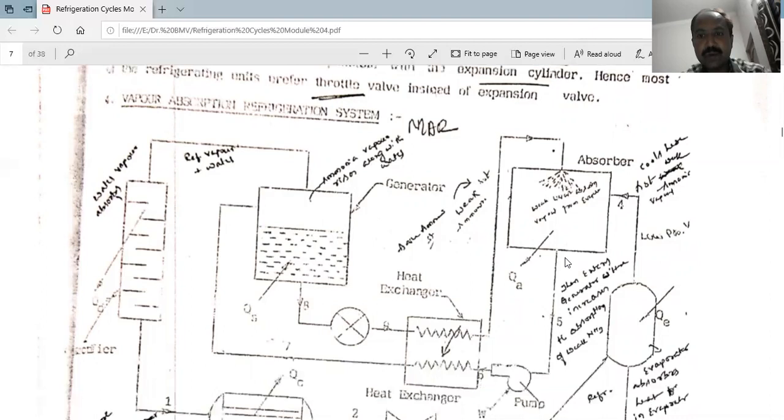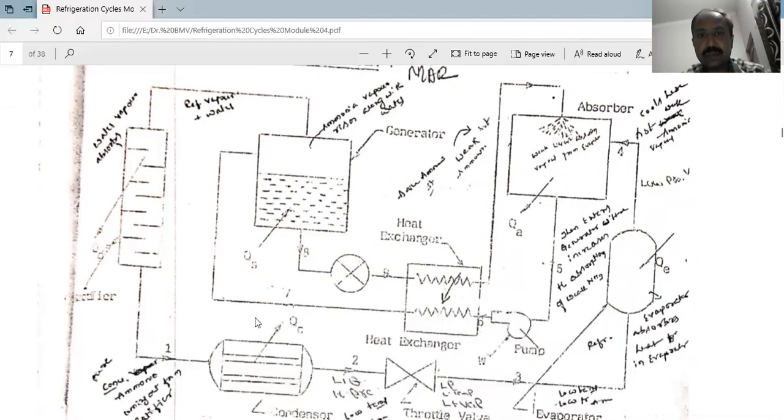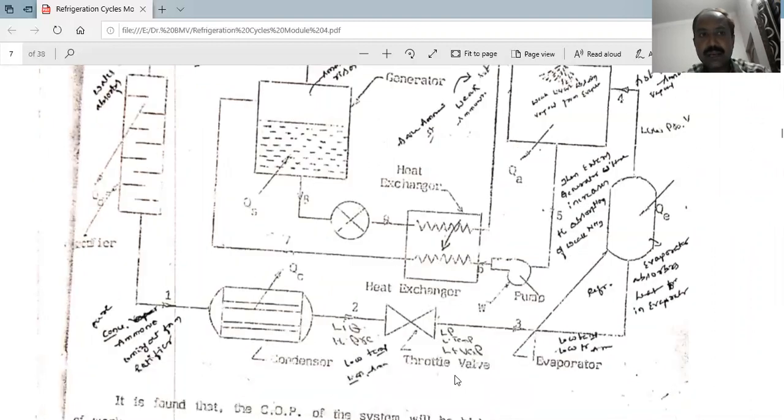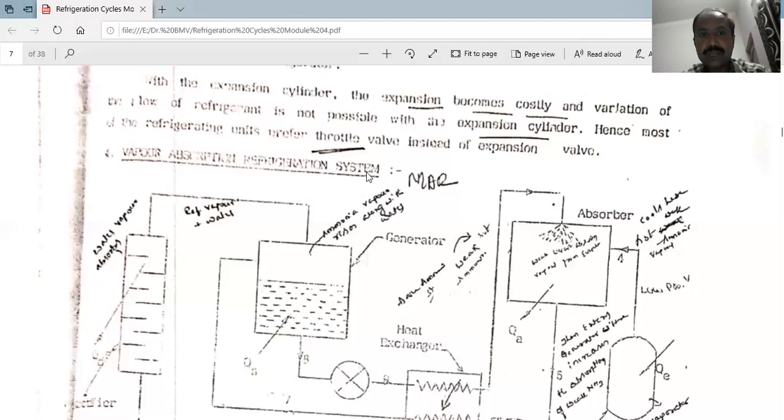That weak ammonia mixture is pumped to the generator through a pump and heat exchanger. That is the working principle behind the vapor absorption refrigeration system.